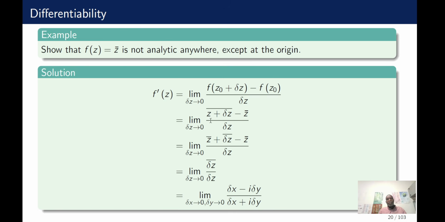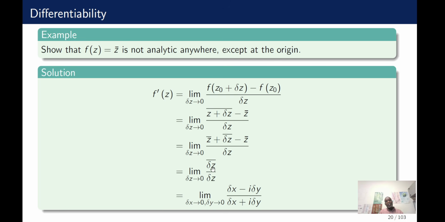So we are going to do it at z plus delta z, and then we substitute that, I think with z naught. The conjugate of a sum is equal to the sum of the conjugates. You get that here, something that we can show for complex numbers. So what will remain is that the first one and the last one will cancel out. We will remain with the conjugate of delta z.